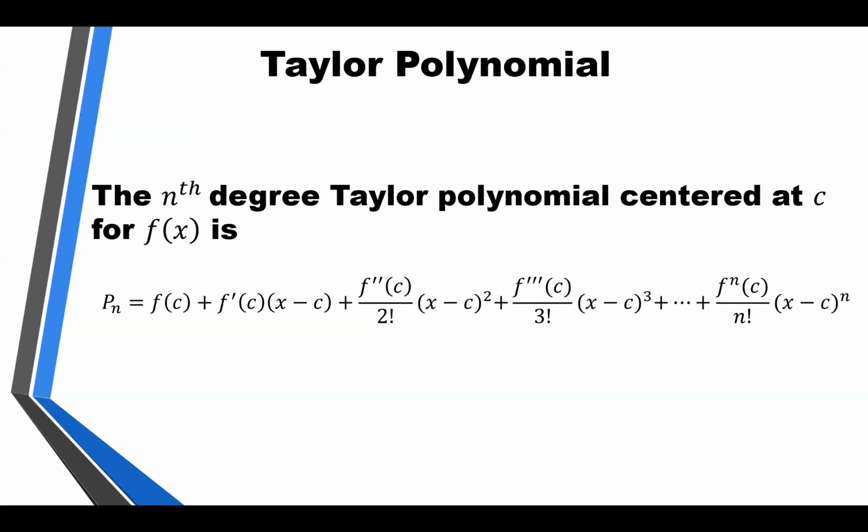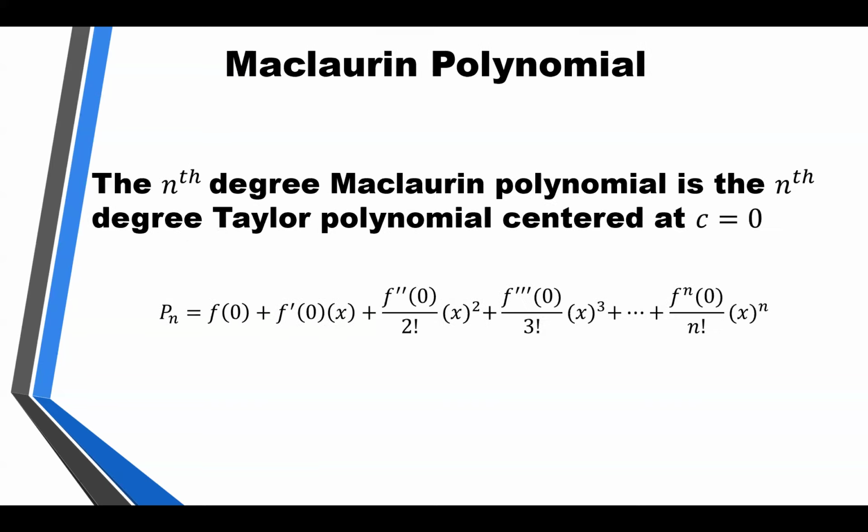Now we call this a Taylor polynomial centered at c. Another term you'll hear often is Maclaurin polynomial. A Maclaurin polynomial is just a Taylor polynomial which is centered at 0.